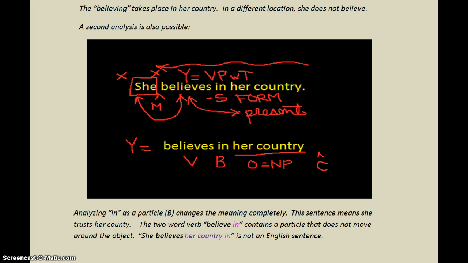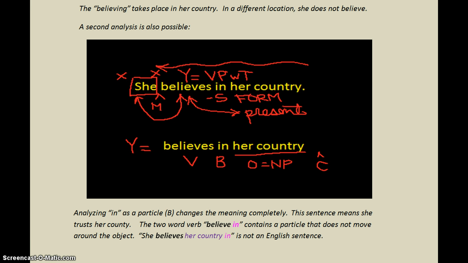And believe in is a particle that doesn't move around the object. So for example, she believes her country in is not English. So we can see there are some particles that move around the object. There are some particles that don't move around the object.